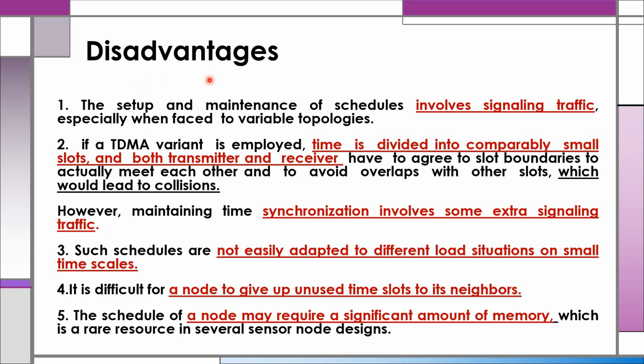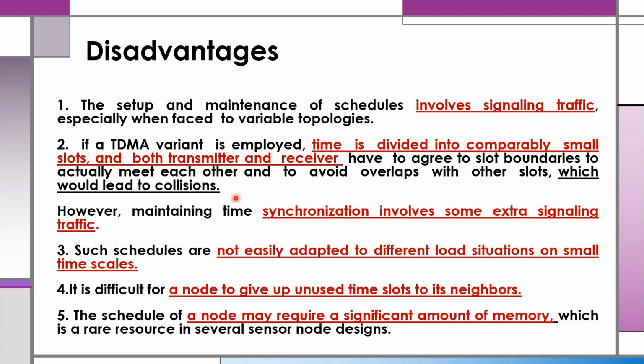Obviously, some disadvantages are also available in the LEACH protocol. While the setup and maintenance of the schedule involves signaling traffic, signaling traffic is required to set up and maintain the schedule. The next one: if a time division multiple access variant is employed, time is divided into comparably small slots, and both transmitter and receiver must be synchronized.